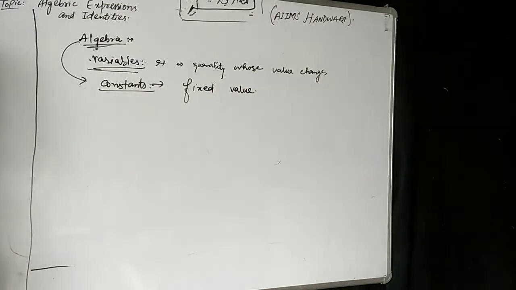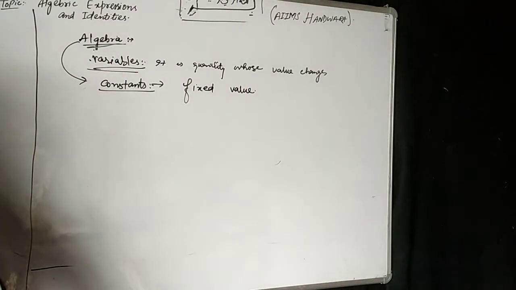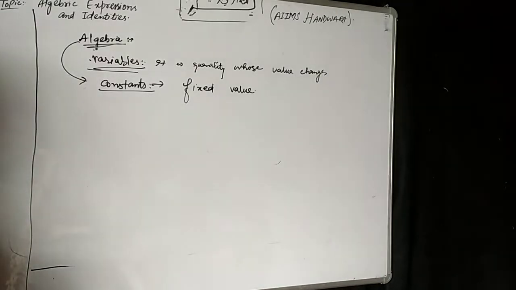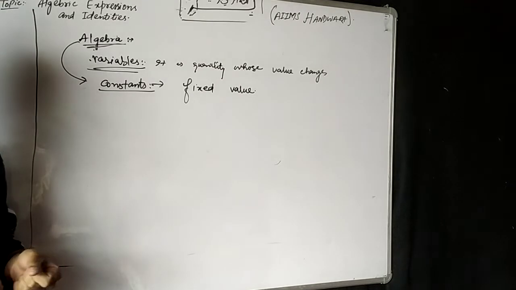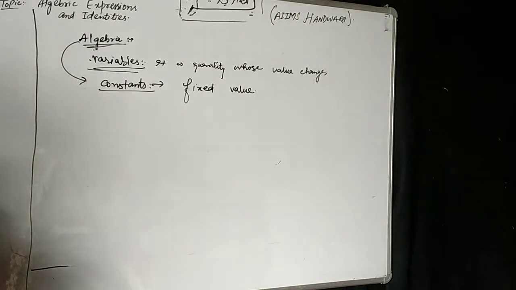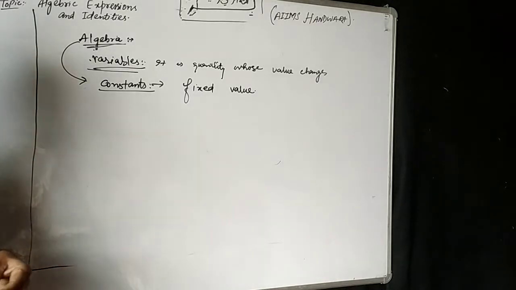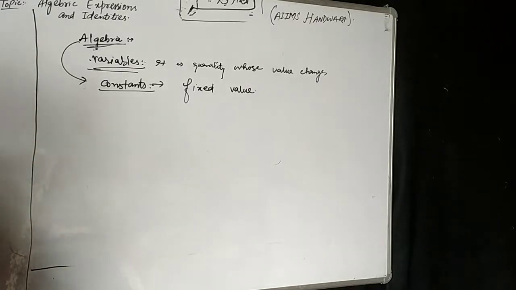So in algebra, I will repeat this once again. Algebra is a branch of mathematics which involves letters, or we can say variables, for numbers. So what do these variables represent? These variables represent the information which we do not know, unknown numbers or hidden information.